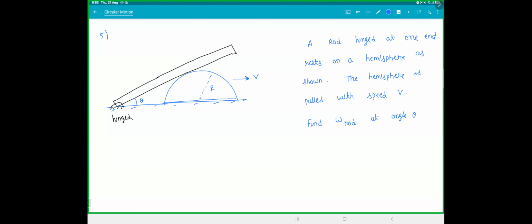Let's see. So basically, you always have to create those variables. That is the most important thing.